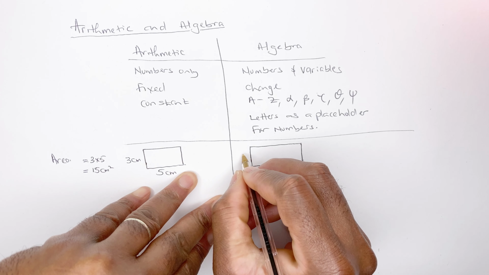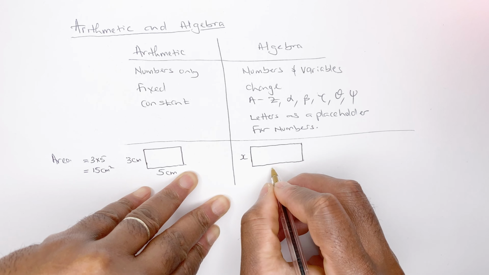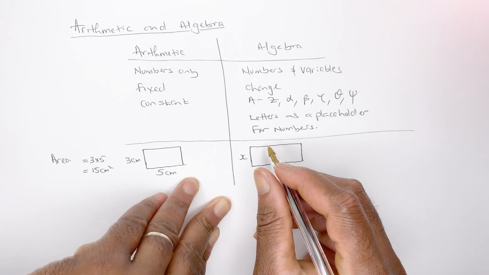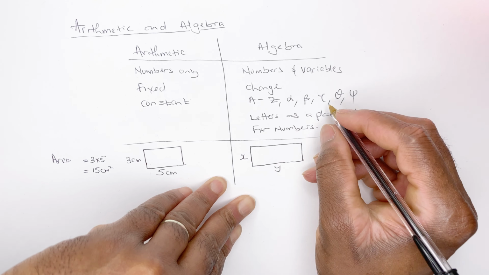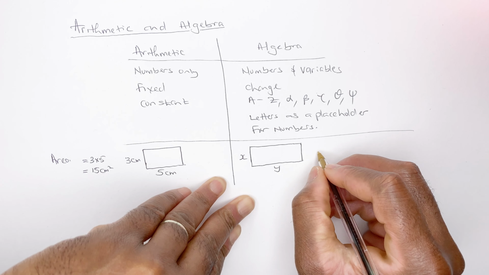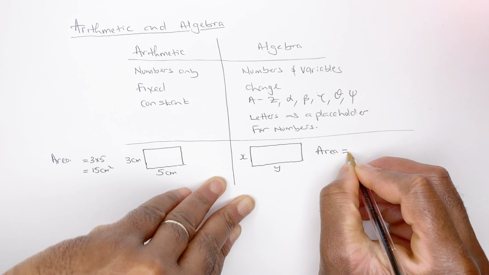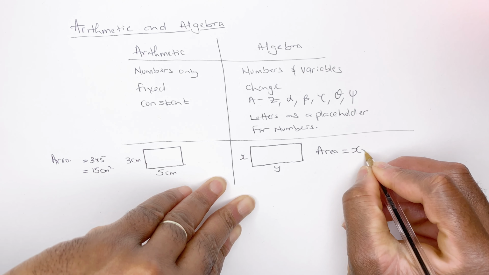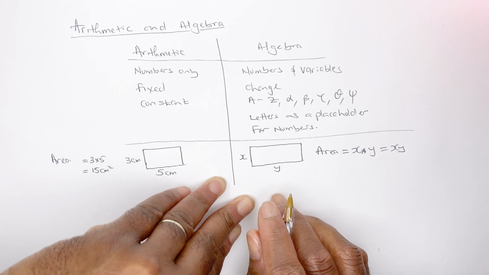Here, we can call these length x and call that y. These are the most common variable letters that we use. Also, n, r, all kinds of variable letters could be used. And to find the area in this case, we say area here will be equal to x times y, which is xy.